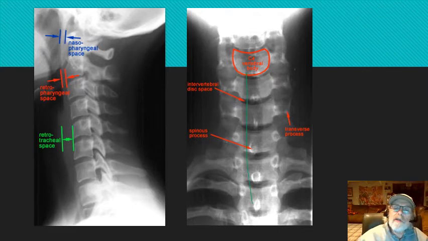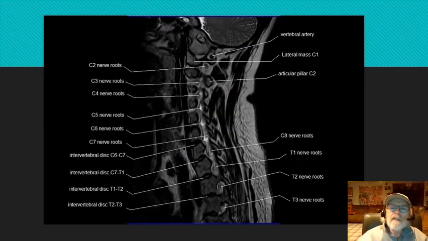Here's the trachea right there. You can actually see the trachea. This is an MRI. Here are the vertebral bodies right here. And then the nerve roots are going to be coming out this way. This area right here is the spinal cord.